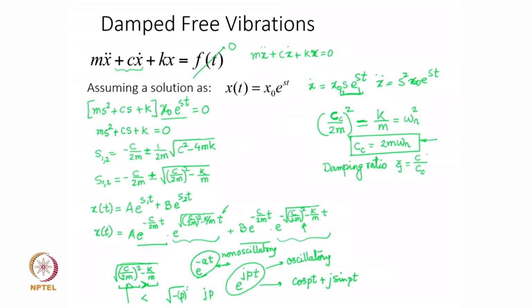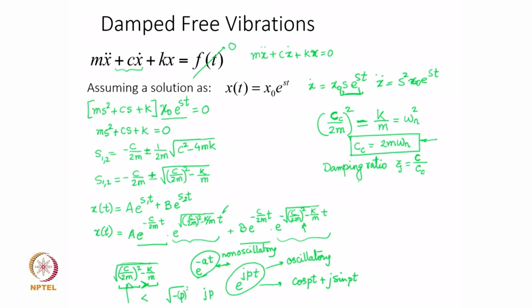So, for a given system, the actual damping in the system C is normalized with respect to the critical damping coefficient Cc. So, this is a sort of normalized damping value zeta. It is also called the damping factor or damping ratio, and it is a ratio of C over Cc.